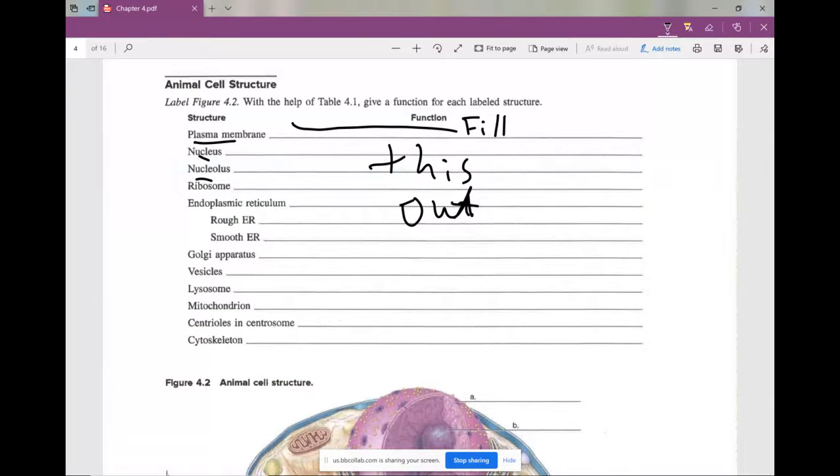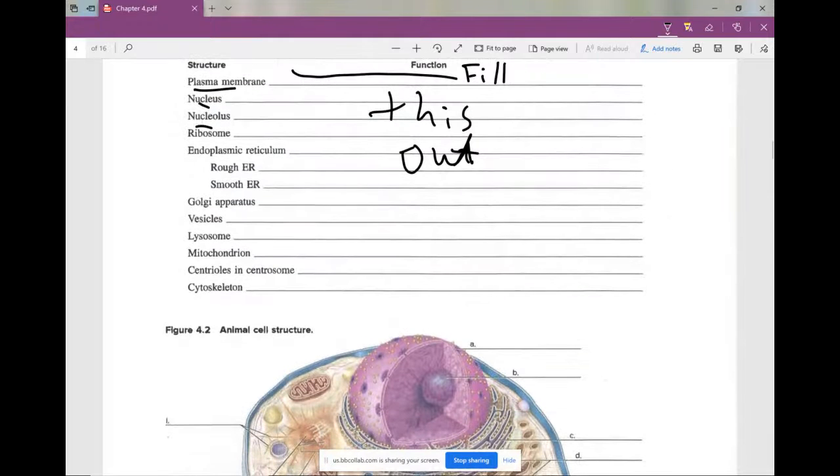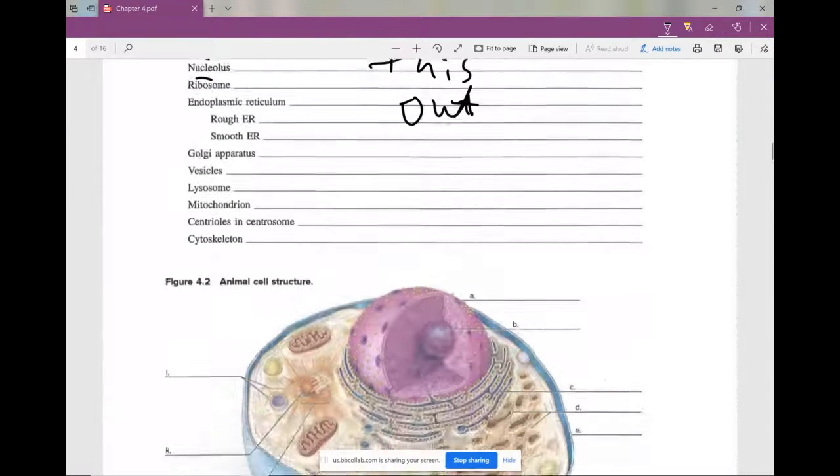So just a quick, easy definition for each one of these structures. You can find this in your lab book. There is a chart that tells you what each one of these is. Also, if you happen to have the lecture textbook, I do believe the answers are there.